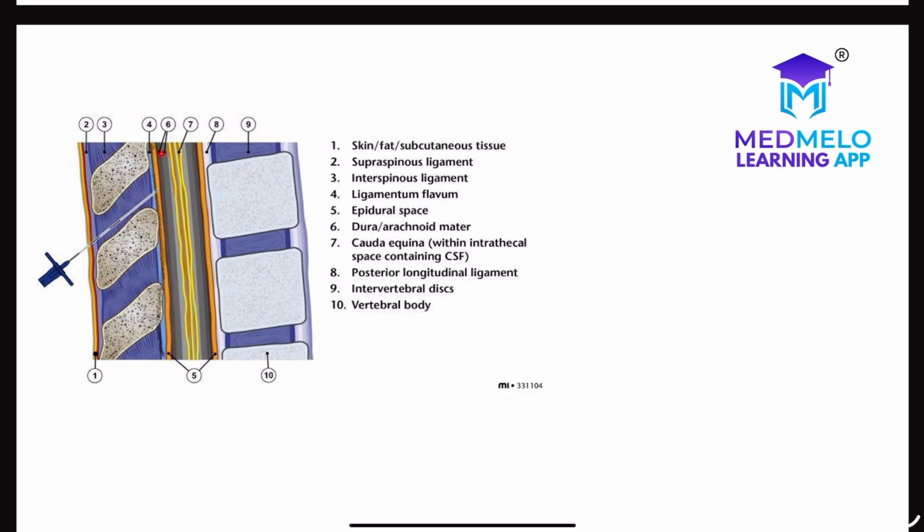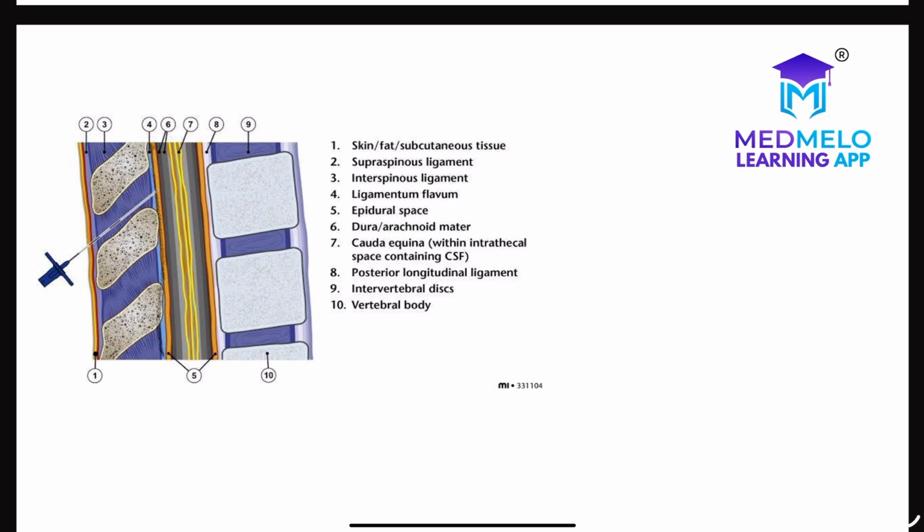Next, the layer is the dura mater, then arachnoid mater. So the dura and arachnoid mater are deep to the epidural space.